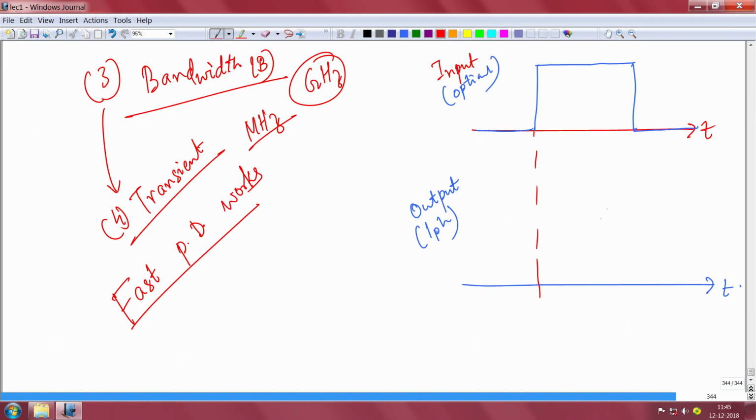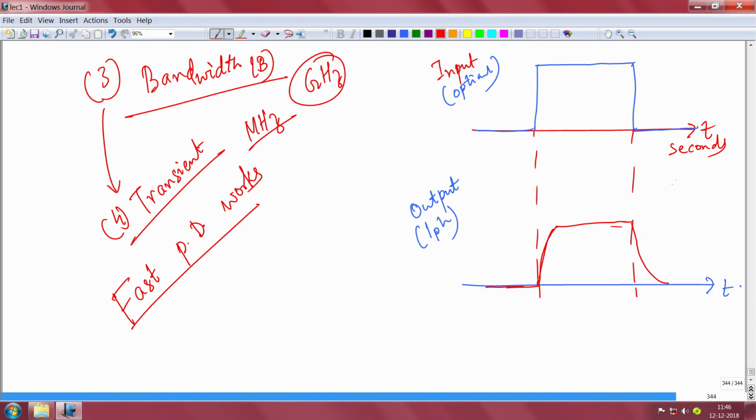At this time and at this time, the photodetector will not give the electricity abruptly. It will take some time to rise, then it will be there, and once you switch off the light, it will again take some time to fall off. How abruptly it can turn on and off determines the bandwidth also. If this time scale is in the range of seconds, then of course the photodetector is very slow.